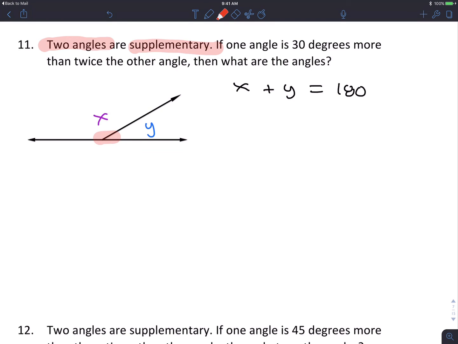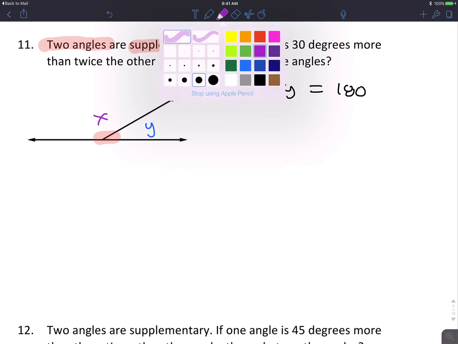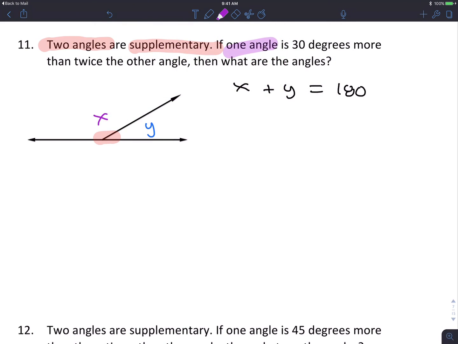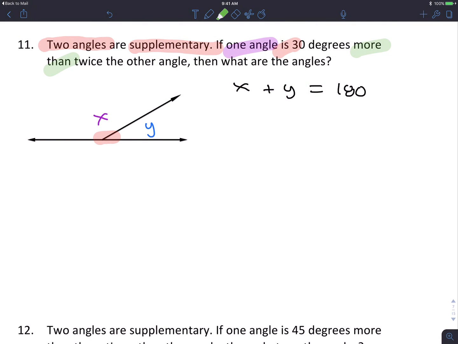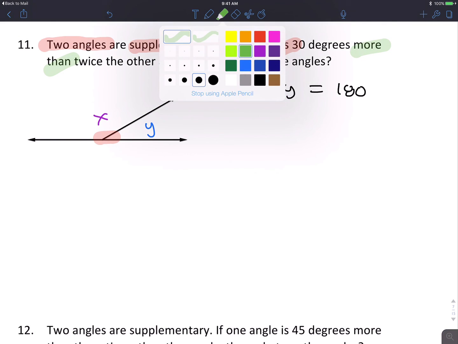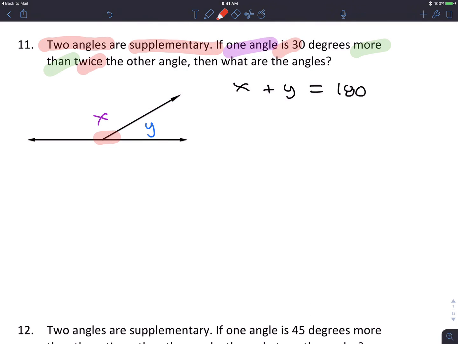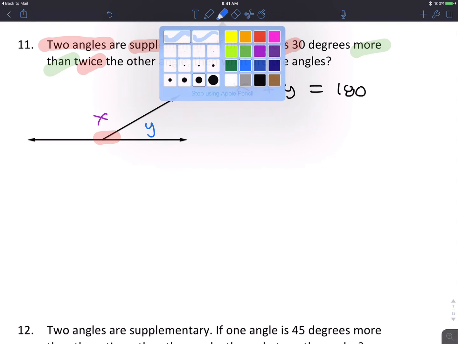Supplementary angles form a straight angle here. One angle is 30 degrees more than, that's addition again. And you've got your twice business. Twice is 2 times. 2 times the other angle, well, that's what we called y.